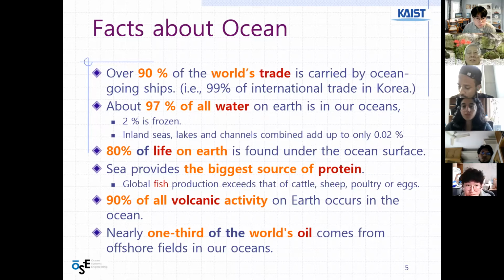Okay, facts about the ocean. World trade is carried by ocean-going ships. But this should be a weight percentage. There are different ways of finding the portion. You can count by volume or count by price.